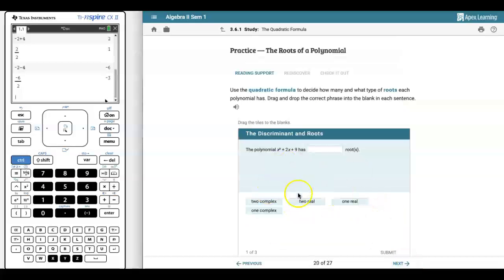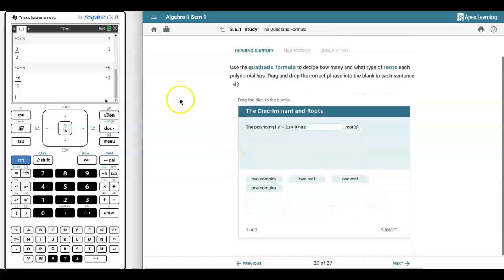We'll go through a couple of these, and I'll be using my calculator to show you. It asks how many roots it has, so we're using the discriminant only for this question. For the discriminant, I've got b squared minus 4ac.